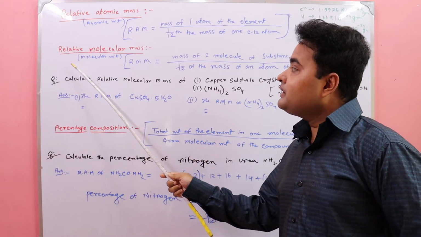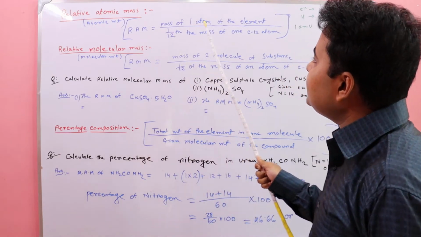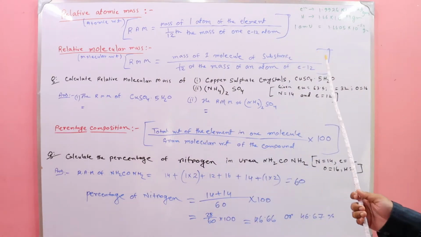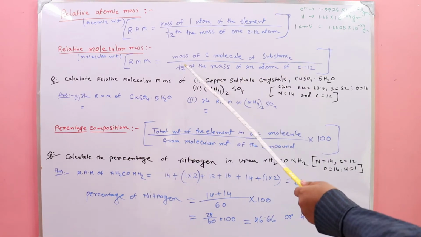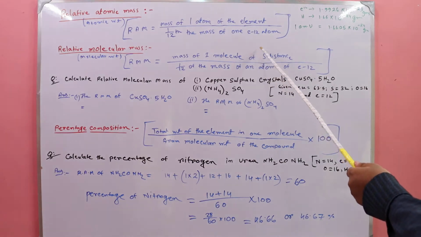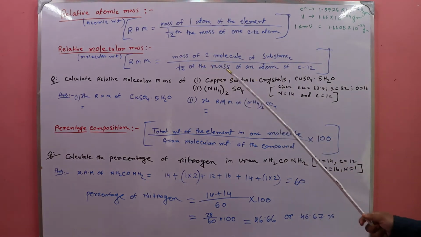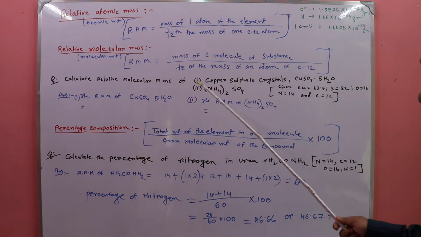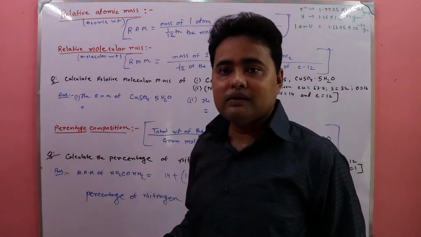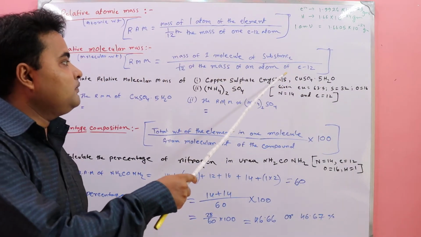What is relative molecular mass? It is the same. There we consider the atom; now we consider the mass of one molecule of the substance. That means the mass of one molecule of the substance divided by 1 by 12 of the mass of an atom of C12.